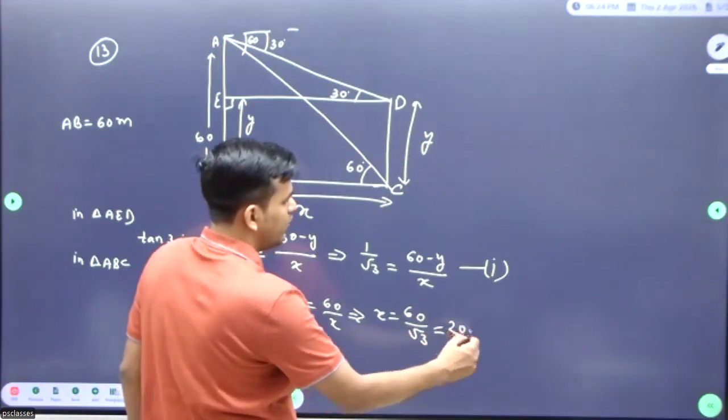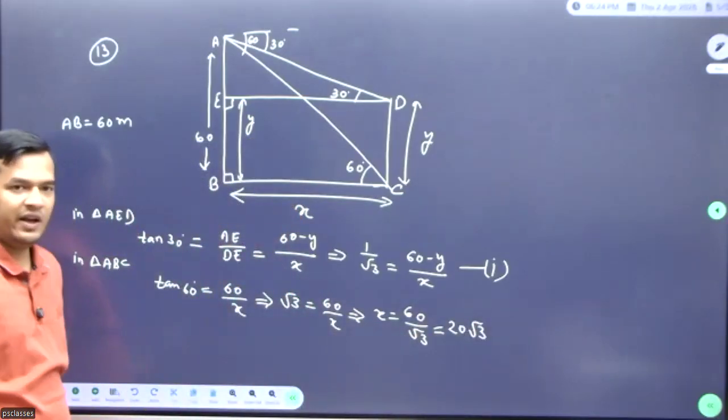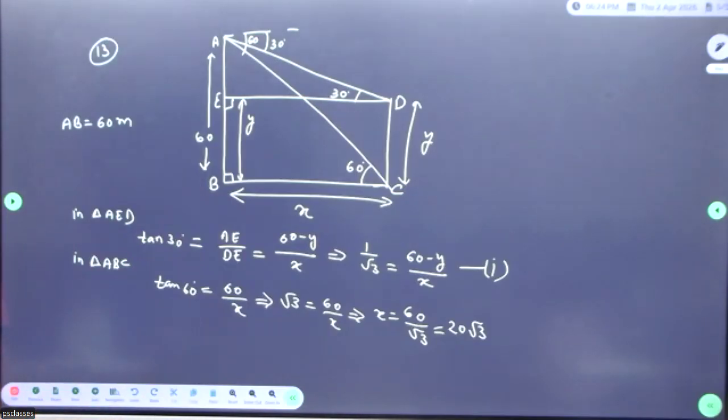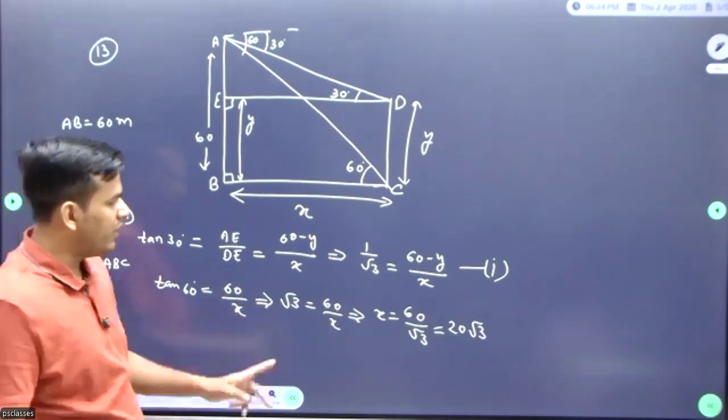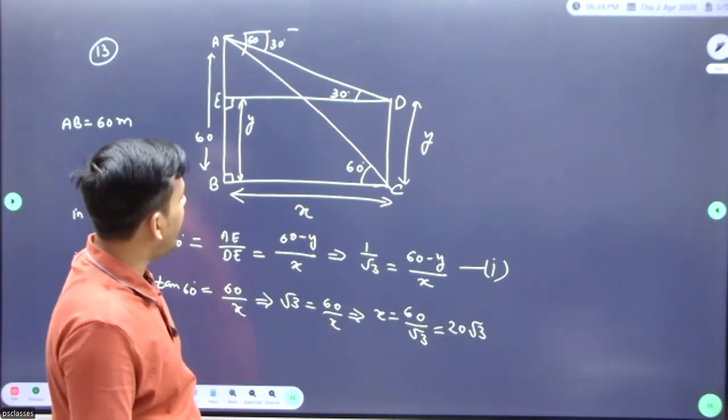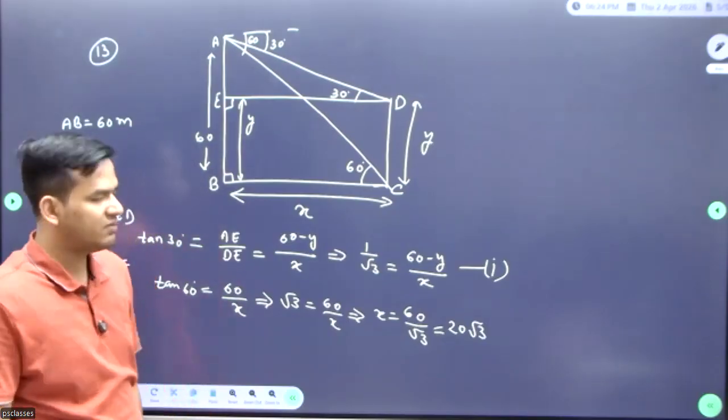That will give you 20 root 3. 60 is 20 into 3. So 3 divided by root 3 will give you root 3. So X is equal to 20 root 3.